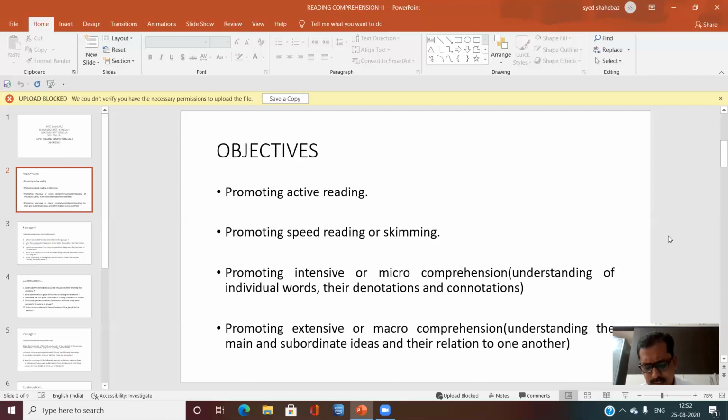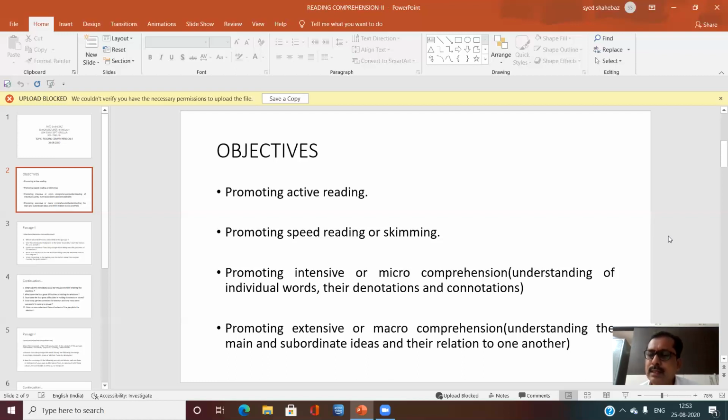Any misunderstanding of the text in the last two cases may lead to confusion and serious consequences. When we read for pleasure and enjoyment, concentrated and careful reading is not necessary.